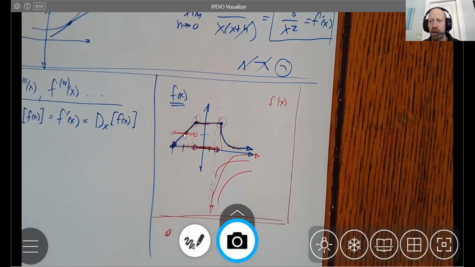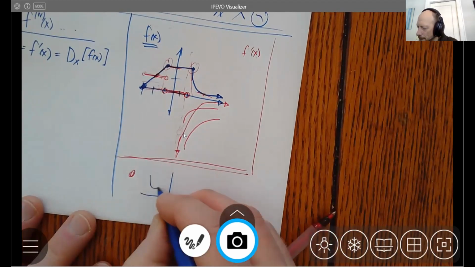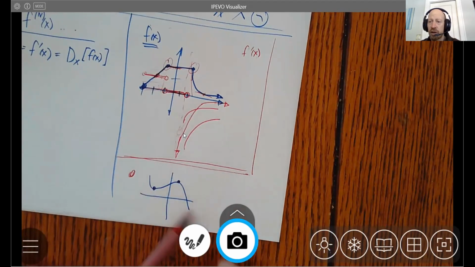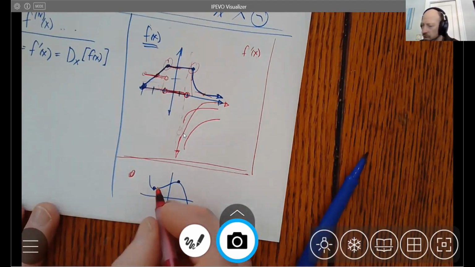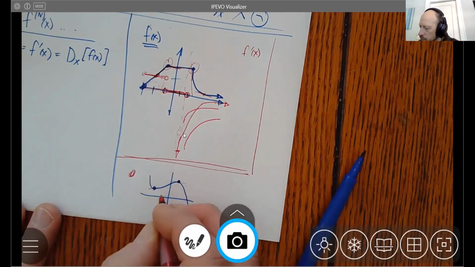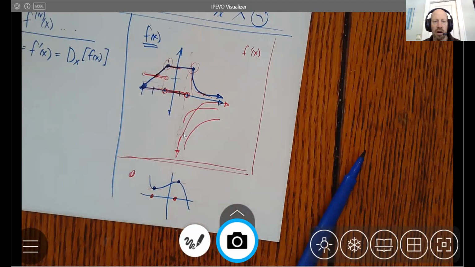And what we saw on Thursday was that these spots where your graph is horizontal are really useful reference points for your derivative function, right? Because those slopes are horizontal, so those are where my x-intercepts are for my derivative.